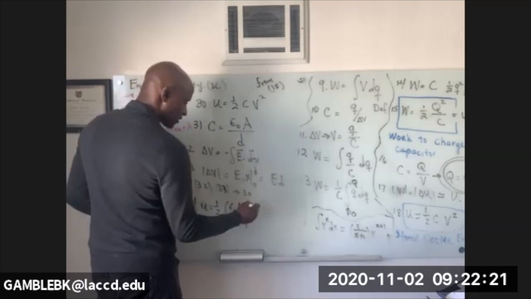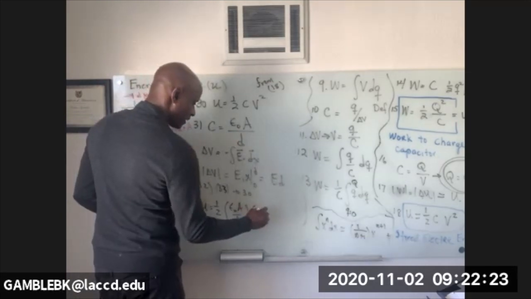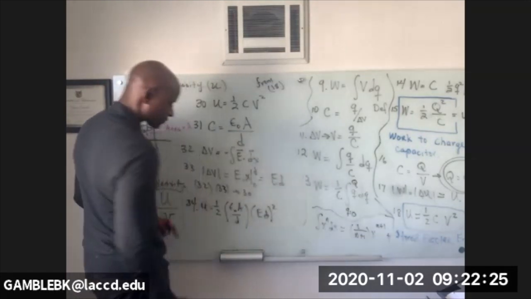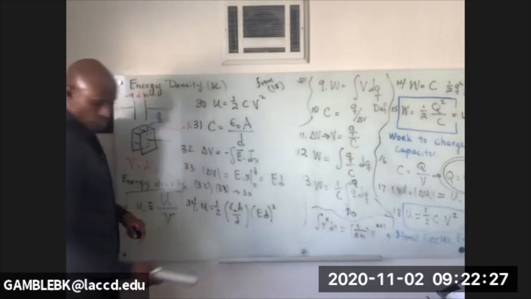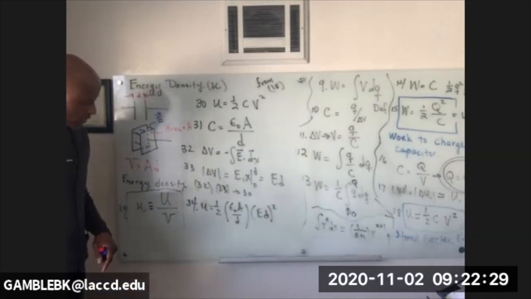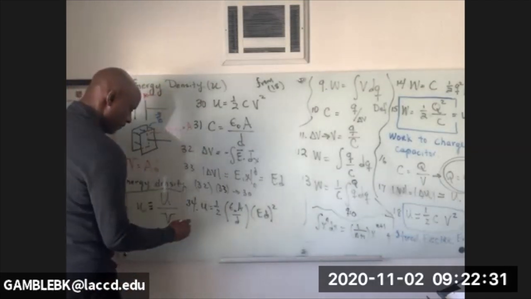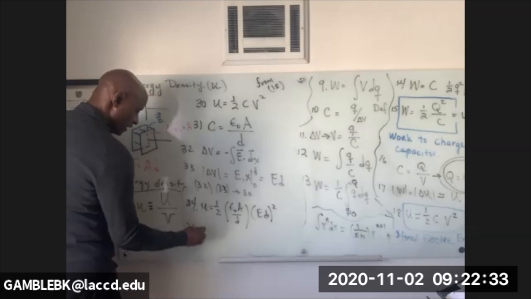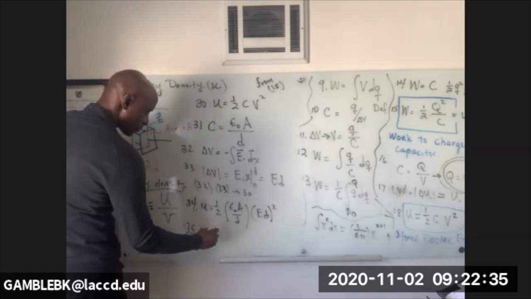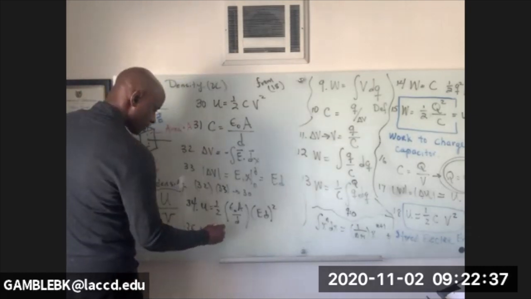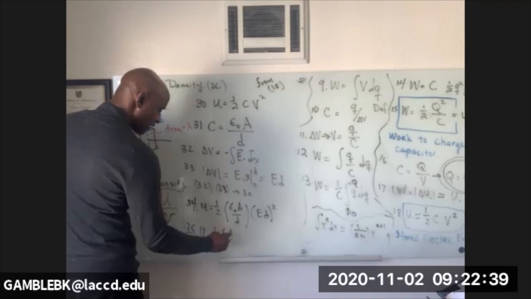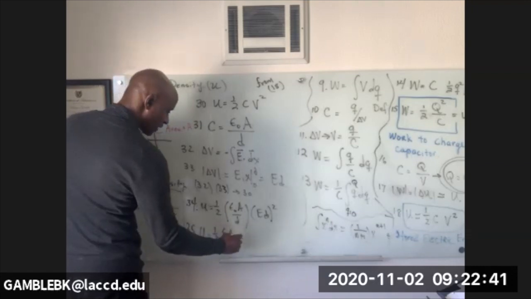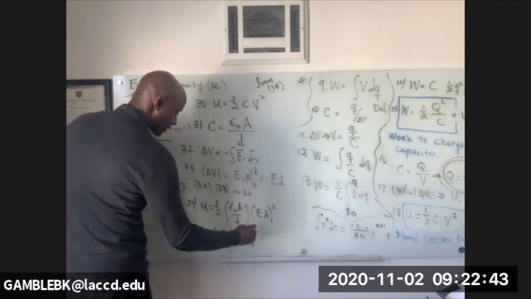That goes in squared, so I have ED quantity squared. So now it's algebra. So we're going to get the energy. It's 1/2 and epsilon naught A over D. And over here we have E squared, D squared.